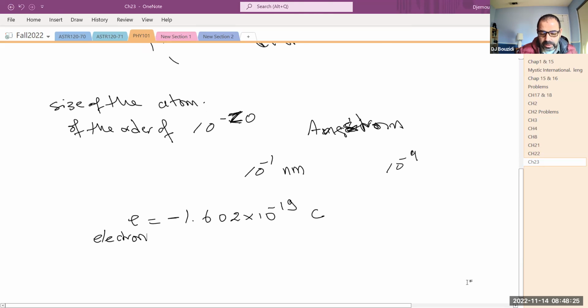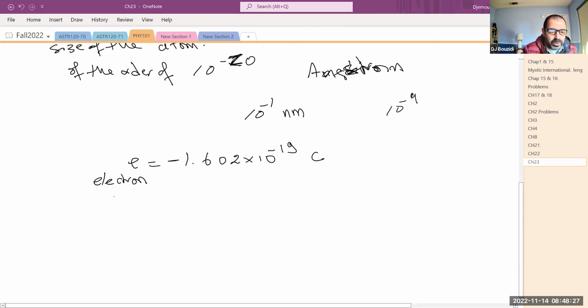Inside the nucleus, there are two particles. One of them is a proton. And the proton has a charge that is equal to, so if this is the Q for the electron, namely the charge of the electron, the charge of the proton is the opposite, that's all.